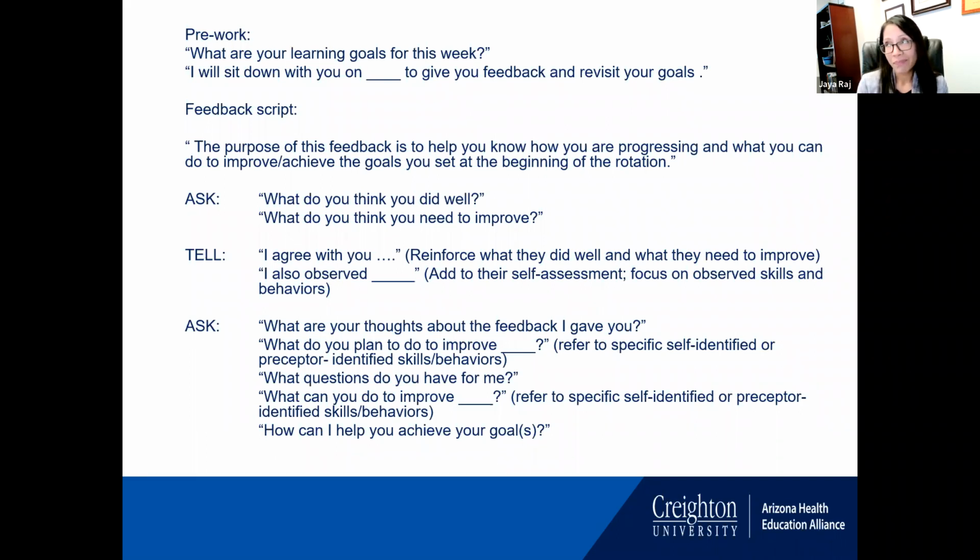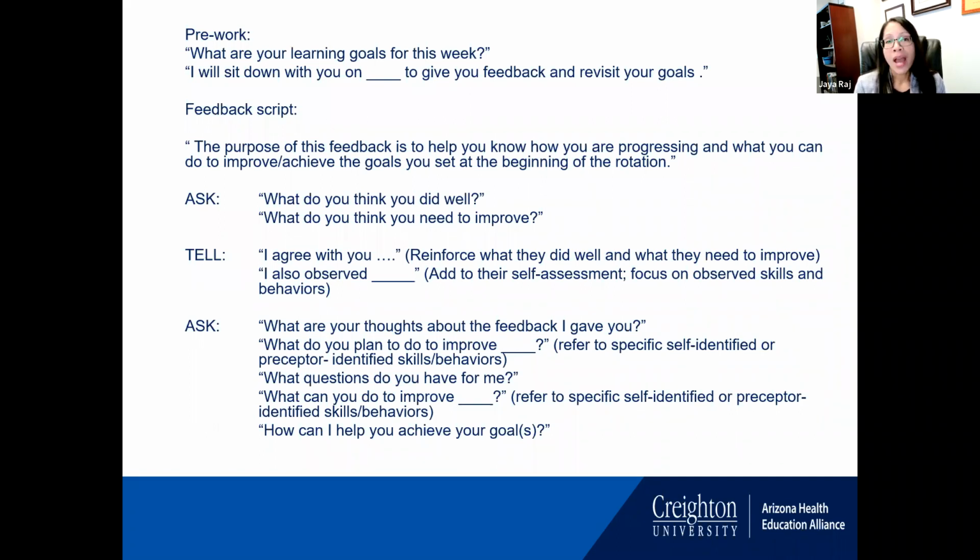Most learners are pretty good about identifying what they did well and where their gaps are, so oftentimes I just agree with them and say, I agree with you. You did a really good job of explaining things to the patient in a way that they could understand. Or, I agree with you, you seem to struggle a bit with organizing your presentation, or something like that.